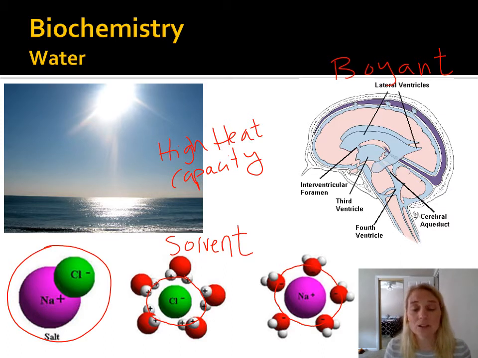Anything that can dissolve in water is being separated and pulled apart because of those opposite charges on the water molecule. High cushioning, chemical reactivity, solvent, and heat capacity. Okay. So those are our cool characteristics of water, and a lot of it has to do with those hydrogen bonds, the polar properties of water.